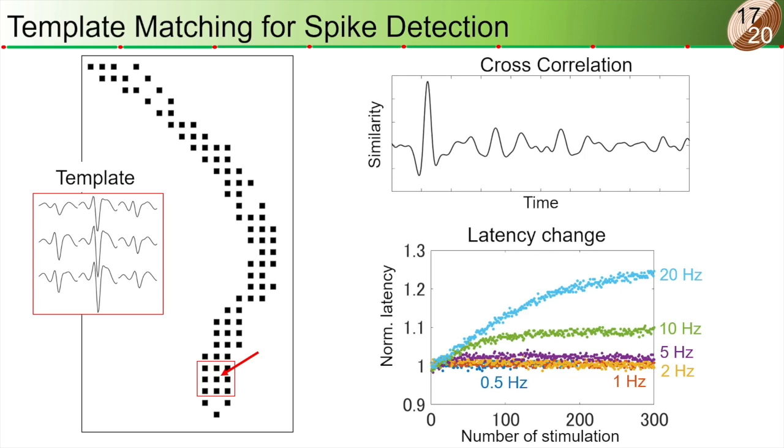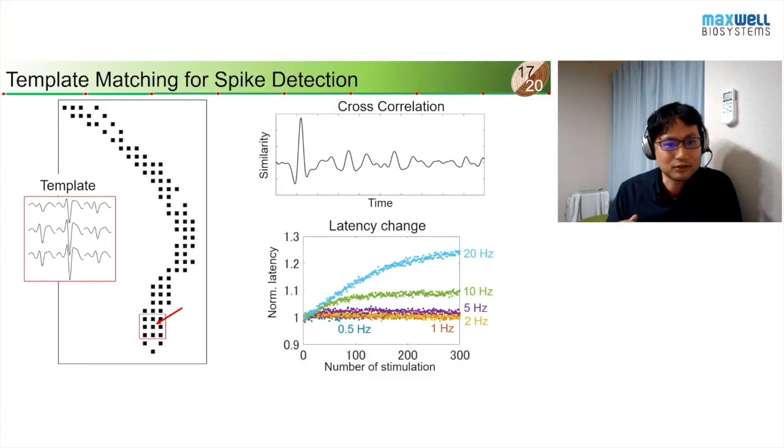From the selected electrodes, we select one segment of an axon, shown here, and we made waveform templates from 9 electrodes in the red box. After increasing the sampling rate by spline interpolation, a cross correlation function between the template and each response was calculated, and the peak of waveform similarity was set as the spike time.